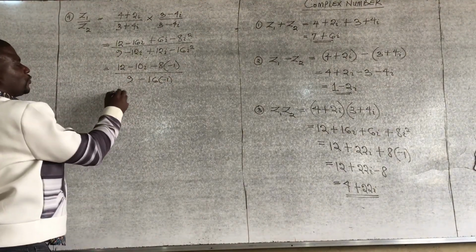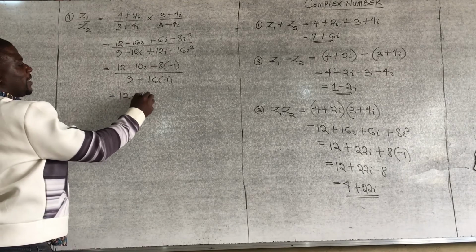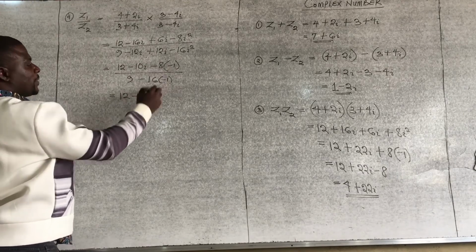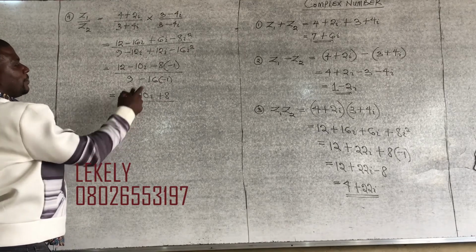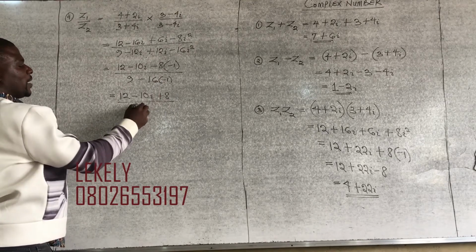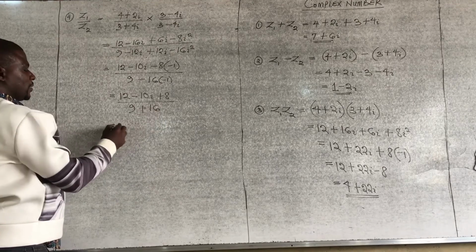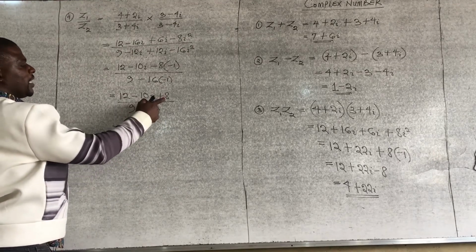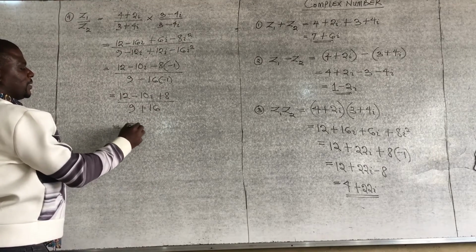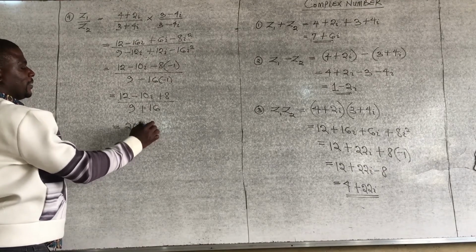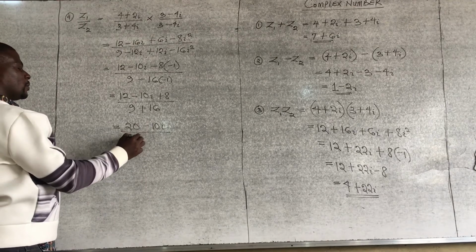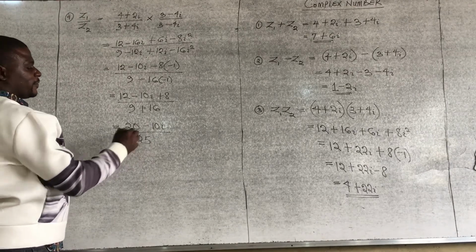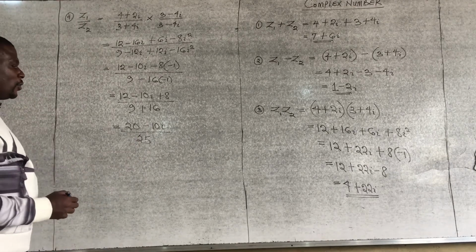So here I'm going to have 12 minus 10i minus 8 times minus 1 is plus 8, over 9 minus 16 times minus 1 is plus 16. So this will now be 12 plus 8, 20, minus 10i over 9 plus 16 is what? 25. Are you with me?